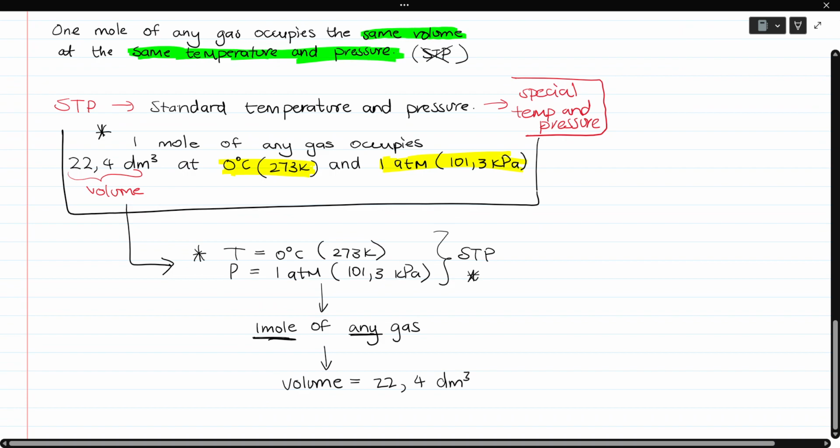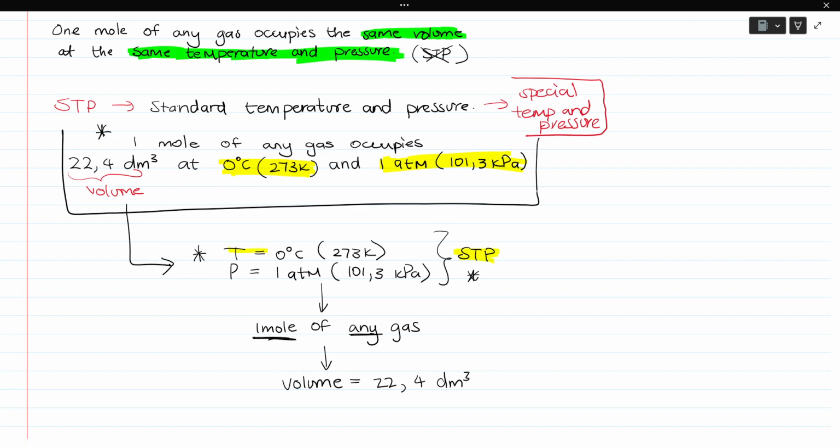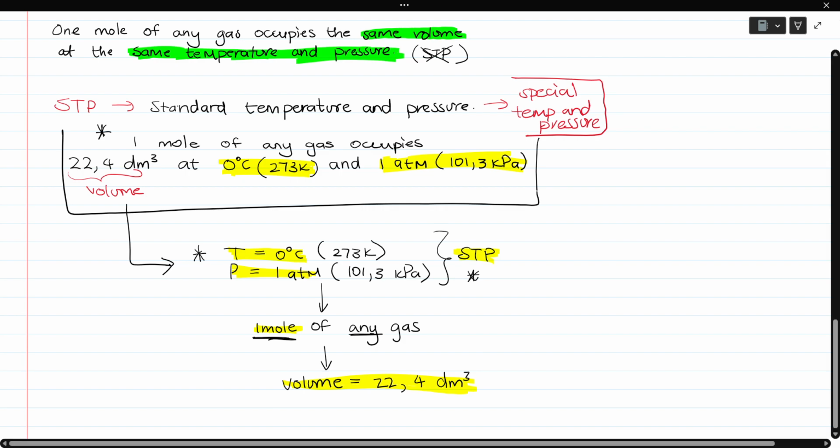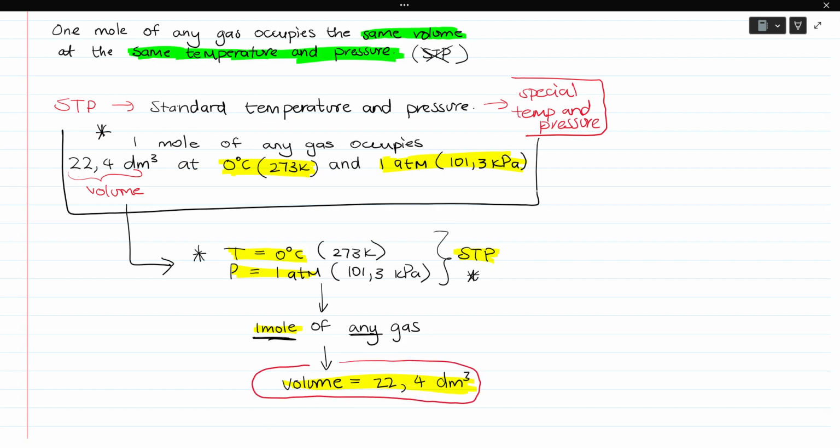So let's just rephrase that again. If you find yourself at STP conditions, what does STP mean? It means temperature is 0, pressure is 1 atmospheric pressure. Then 1 mole is always going to have a volume equal to 22.4 decimeters cubed. This is the special condition we're talking about. And now we have a special name for this volume. Because it is a special volume, we're going to rename it.